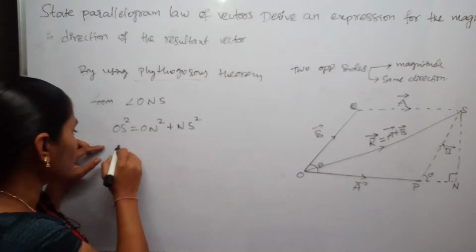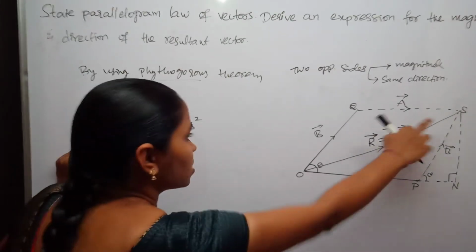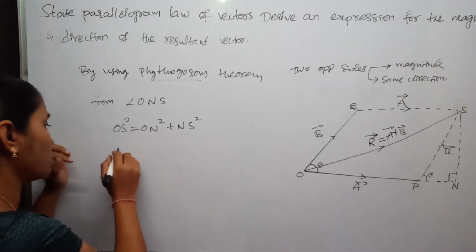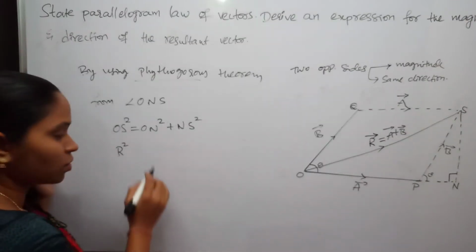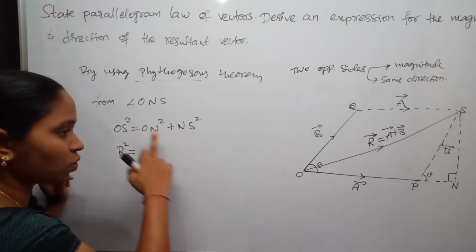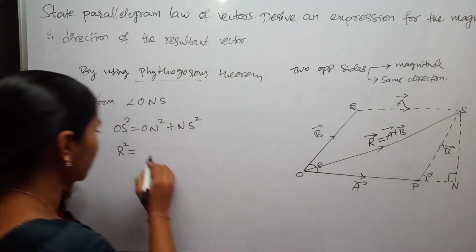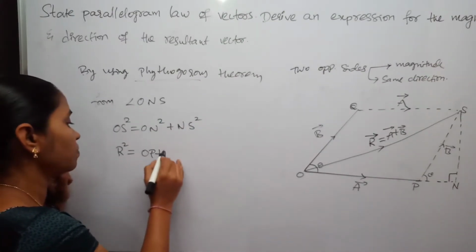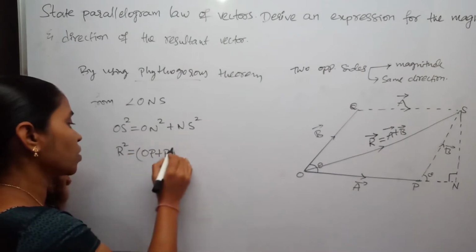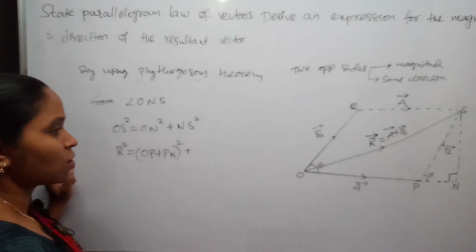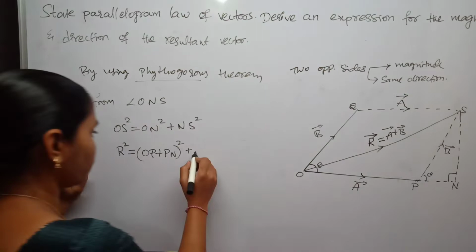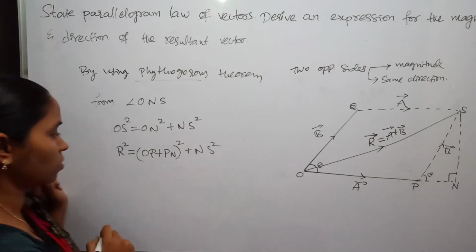Now what is OS square? It is R square, which is equal to, what is ON? ON is nothing but OP plus PN. OP plus PN, we have whole square here, plus NS square. Okay.